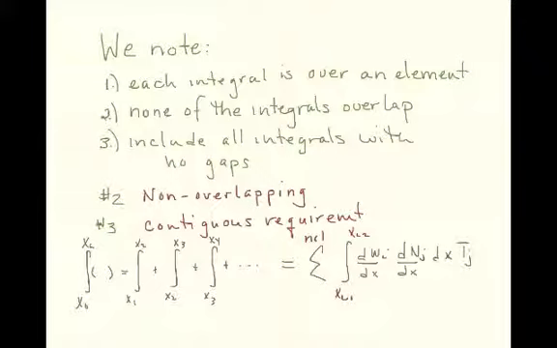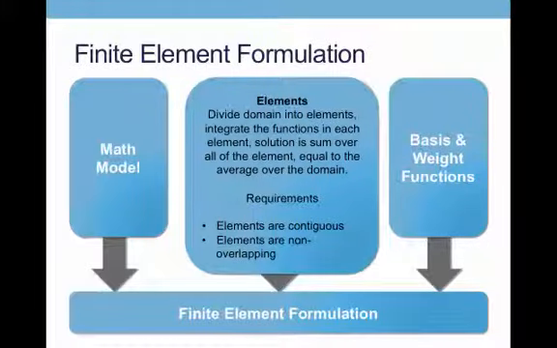So x local 1 and x local 2, which will be the endpoints of each element. Now that we've considered the elements, we understand what the requirements are, and we understand that we're splitting the integral up, and we're going to look at a sum of smaller sub-integrals over each of the elements. Now we need to consider the basis and weight functions, which will be the next video.